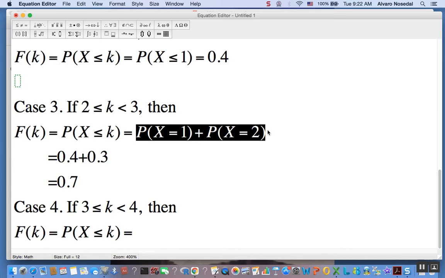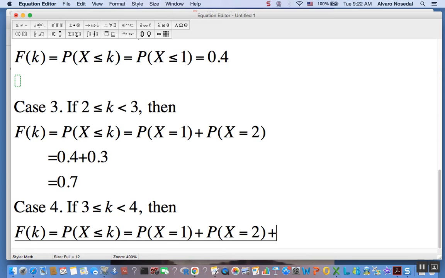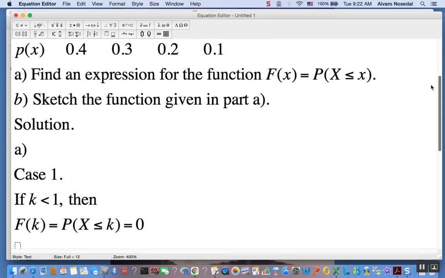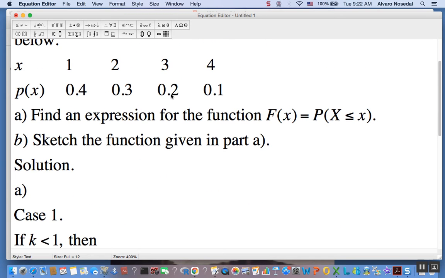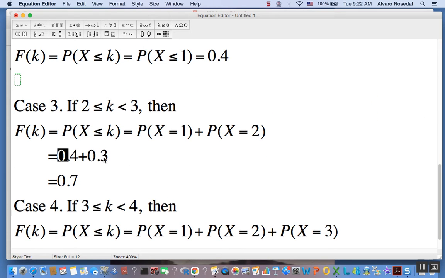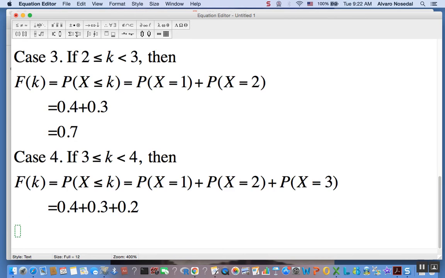So let me copy paste these, and I'm going to be adding the other one. Then I'm going to need the information coming from our table. So it's going to be 0.4, 0.3, and 0.2. So 0.4, 0.3, and 0.2, that will be just 0.9, right?